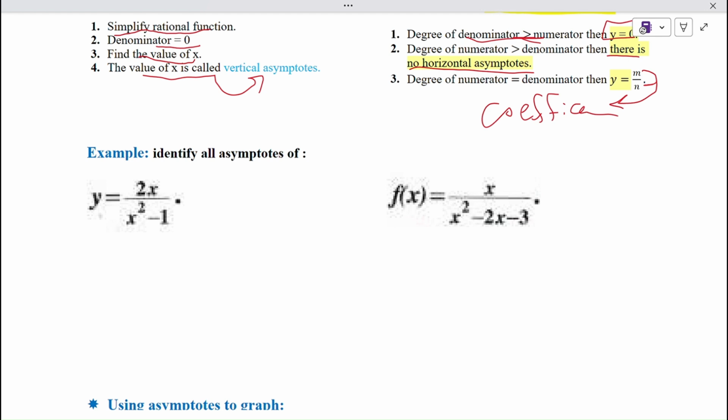Y is equal to 2x over x squared minus 1. It means you have to open two brackets, x plus 1 and x minus 1. Okay, so this is about simplifying. Then after this step, you have to find out the denominator and equal to 0.